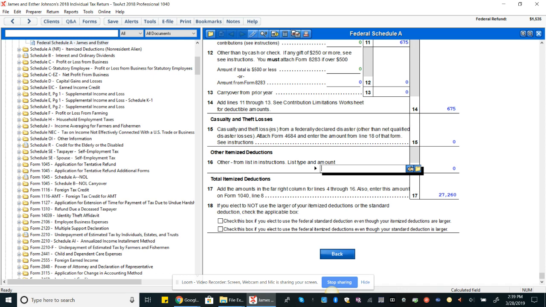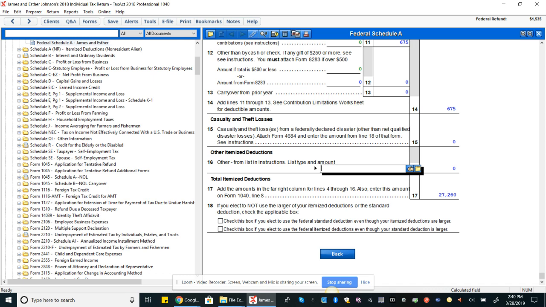Number 10, lottery tickets bought by Esther during the year, $750 of winnings. So we already got those winnings, right? And they say $750 is what she spent. Her winnings were $940. So remember, we can deduct losses up to the amount of winnings.